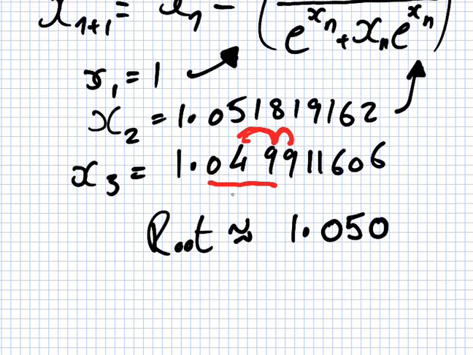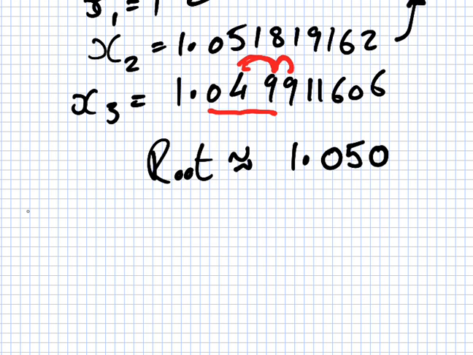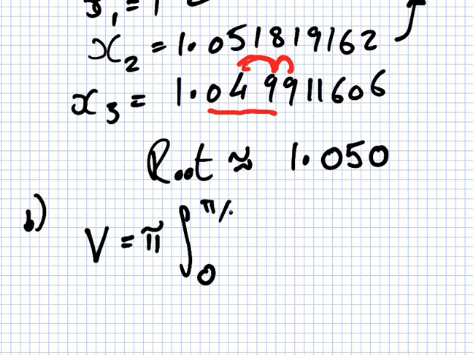Okay, B part. Calculate the volume when you rotate the sin 2x function. So the volume equals pi times the integral from 0 to pi over 2 of sin squared 2x dx.